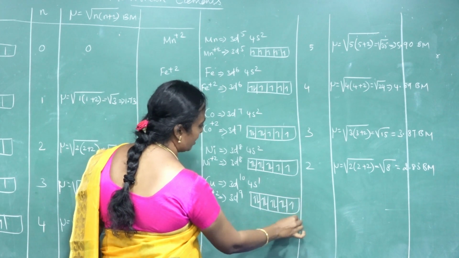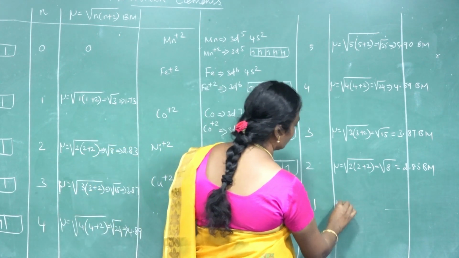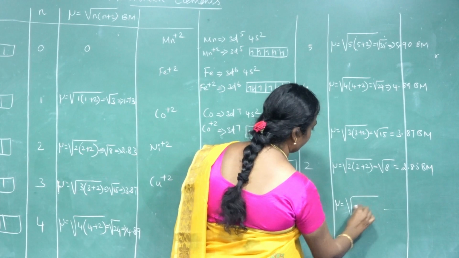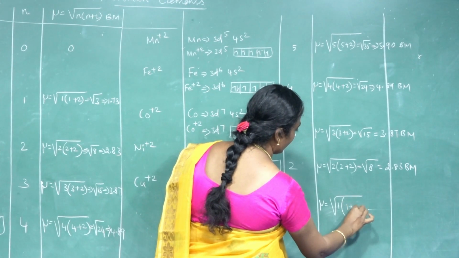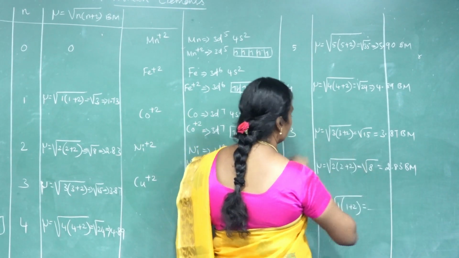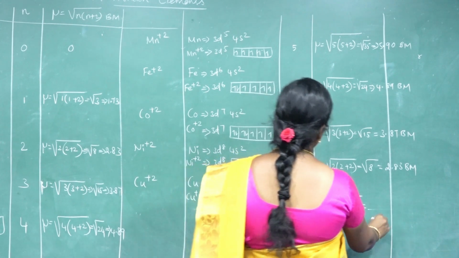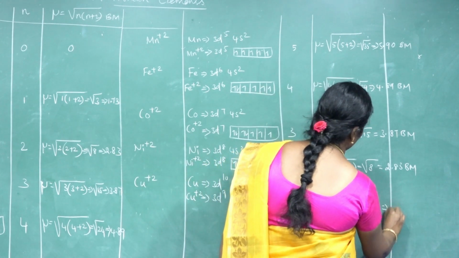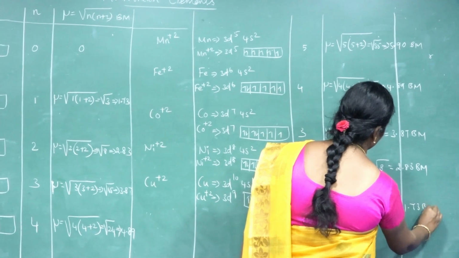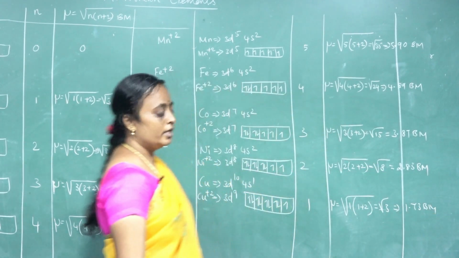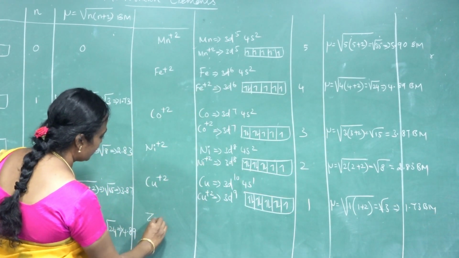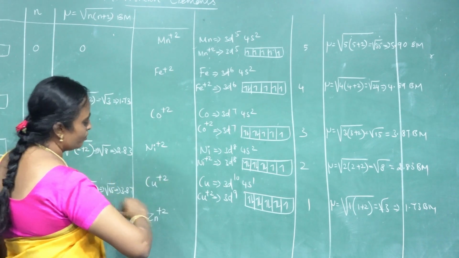So the number of unpaired electrons is only 1. So mu is equal to root of 1 into 1 plus 2. The value for root of 3 is 1.73 Bohr magneton.